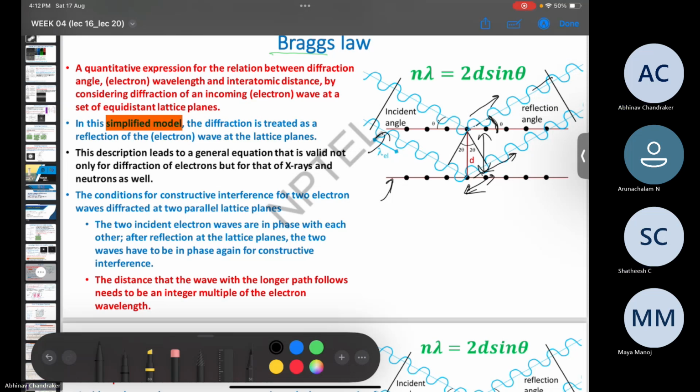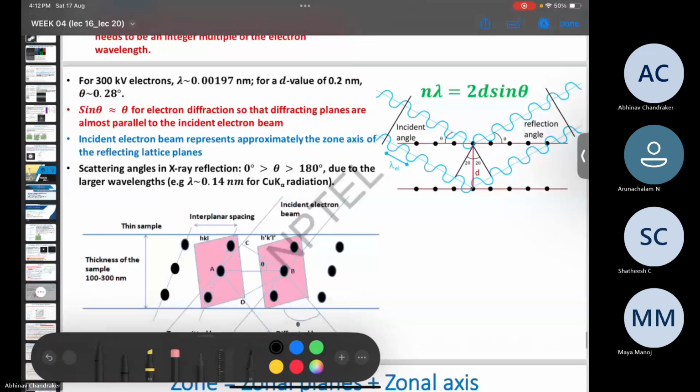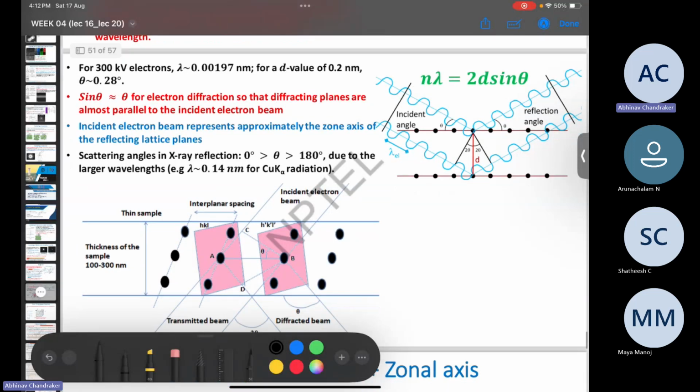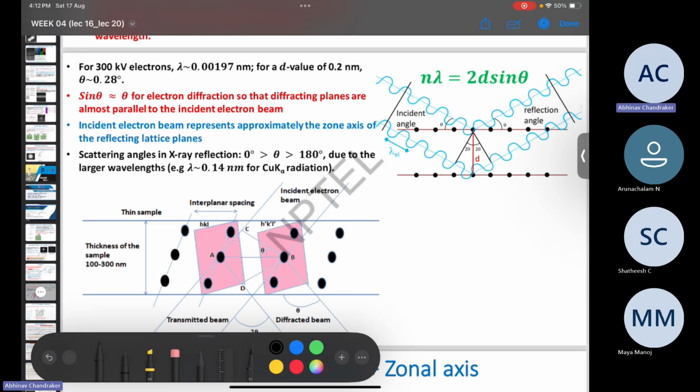So when this kind of diffraction takes place, and because of this constructive interference, we get a diffraction pattern.